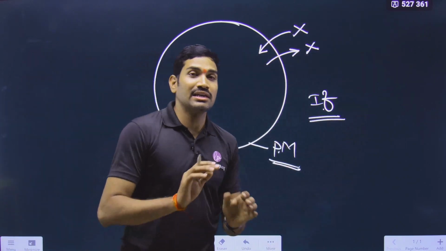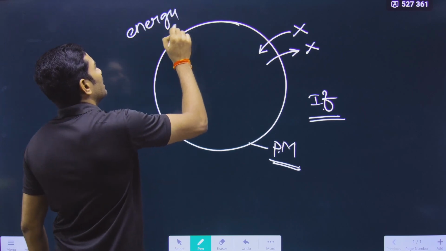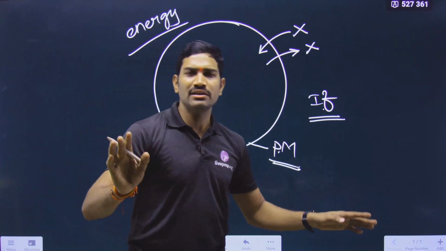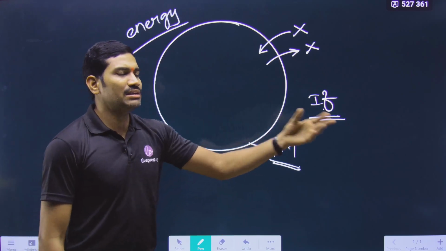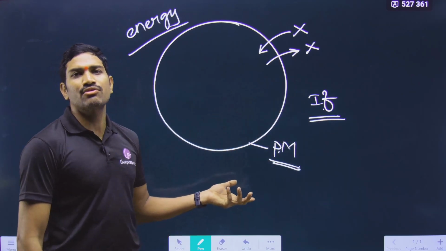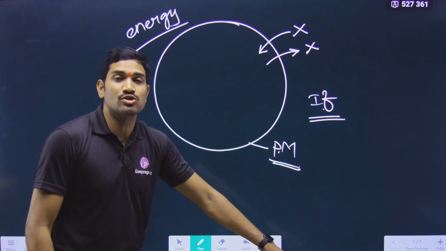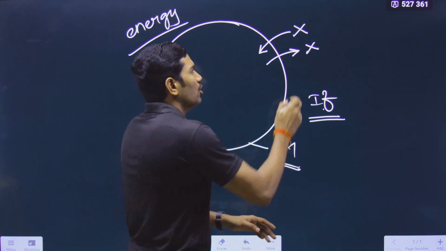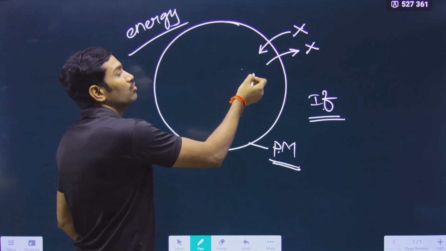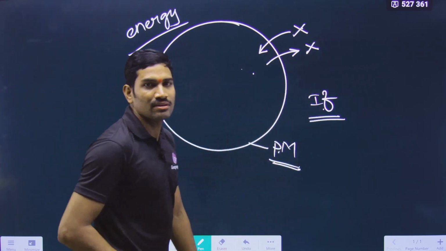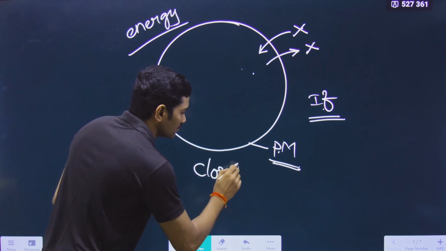Here we are talking not just about material, but about energy. Energy can be in any form. It may be a food molecule, which is also a form of energy, or some other molecule, or some radiation or heat energy, whatever it is. If no energy is coming into the cell and no energy is going out of the cell, then it is called a closed system.